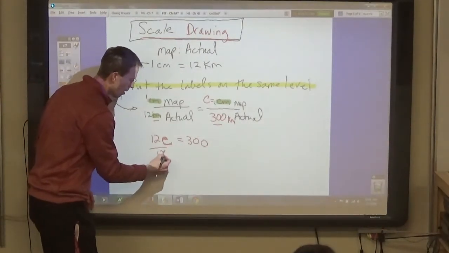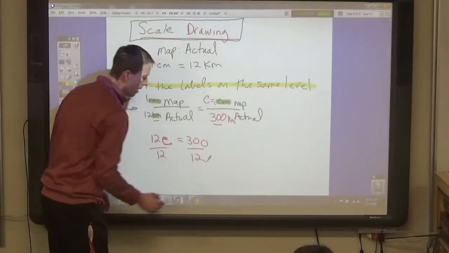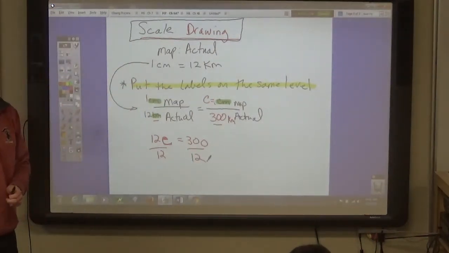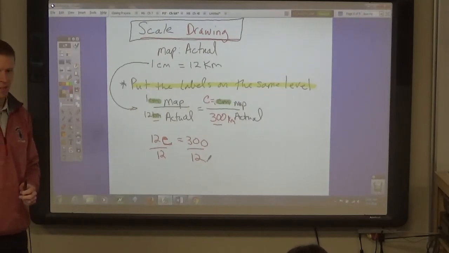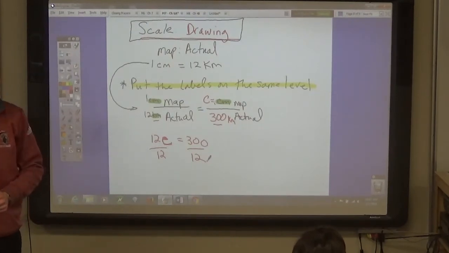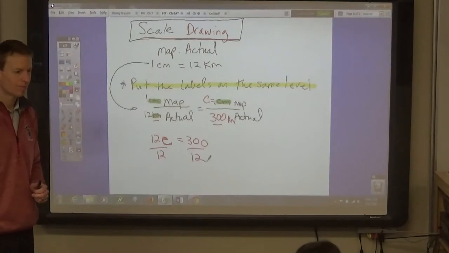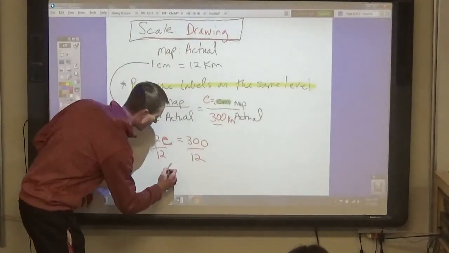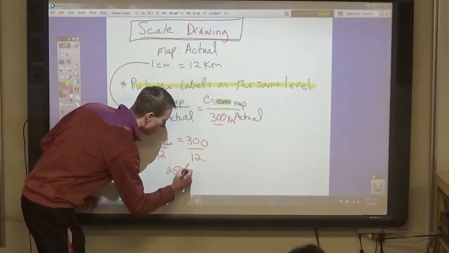And then divide by 12. How long would you make that on the map if you were drawing the map? 300 divided by 12. What would that be? 25. 25 centimeters.